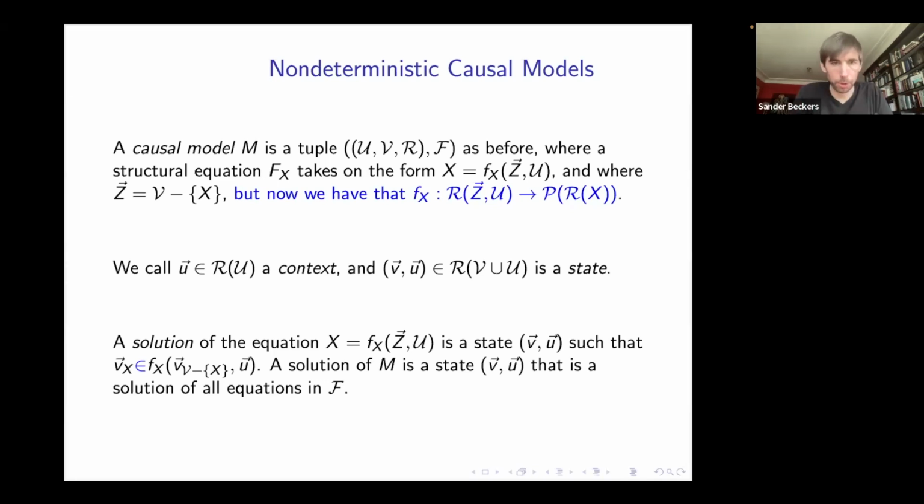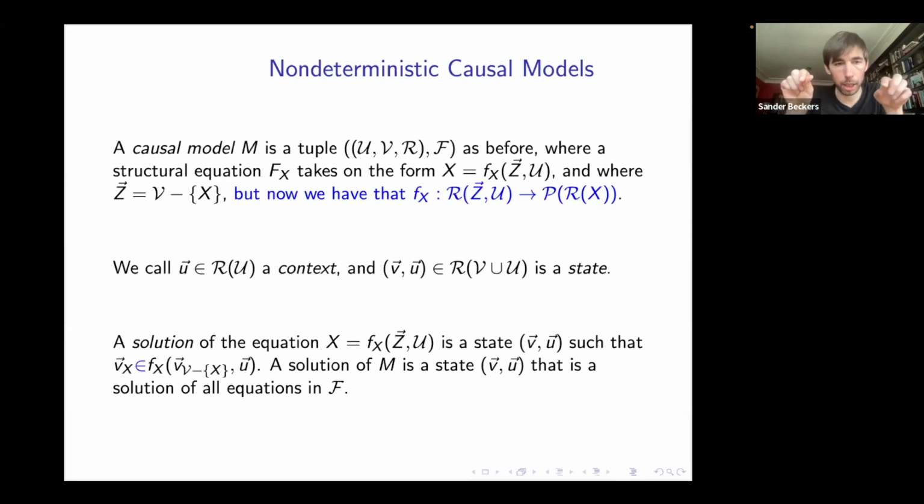So we consider a context, which is a value for the exogenous variables. We consider a state, which is a combination of a context and values for the endogenous variables. And then we want to look at solutions. So a solution of an equation simply means that you have a state such that if you look at the x component of that state, then that actually is part of the solution for the equation or the function of x, Fx, when you fill in the rest of the state and that context, right?